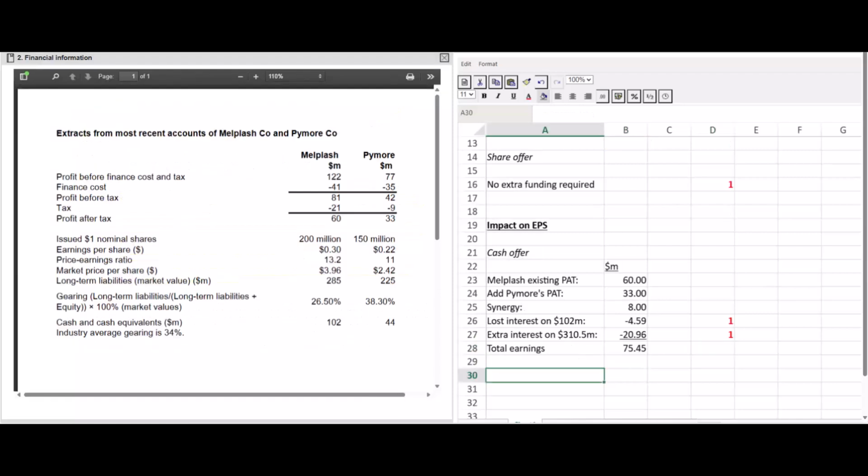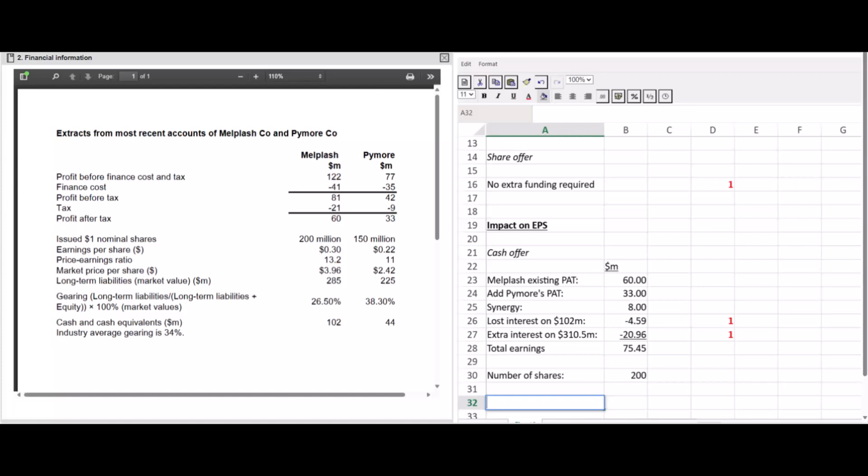Now, before we start celebrating the fact that we've done this bit, we've got to be careful because we are working out the impact on earnings per share, not just total earnings. So what we now need to do is divide it by the number of shares. Now, if it's a cash offer, Melplash have got 200 million shares. That isn't going to change. They'll still have 200 million shares. So their number of shares is still going to be 200. So we can just include that in there.